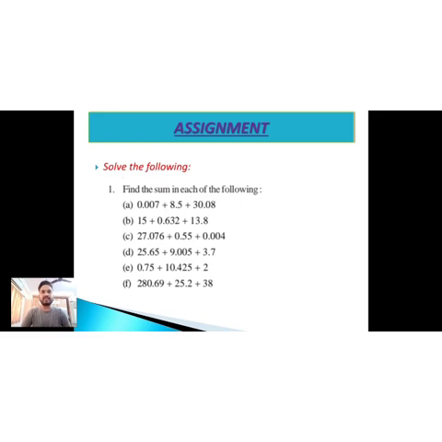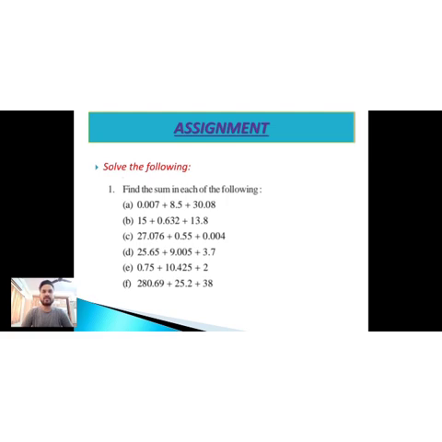Now the next slide, which is our assignment. It's simple. What we have to do, we have to sum all the numbers. Total 6 questions are there. We have to simply add up the numbers by step 1, step 2, step 3.